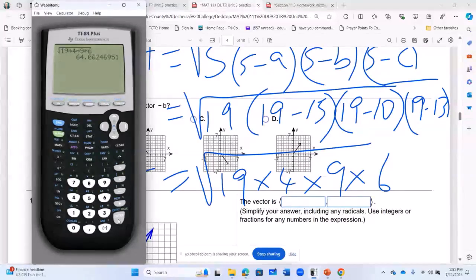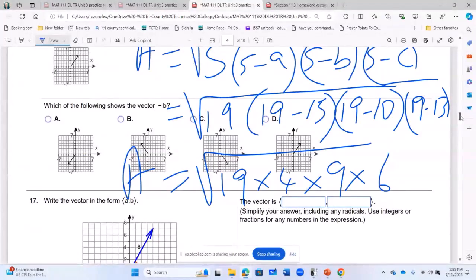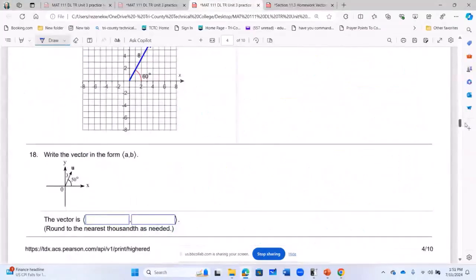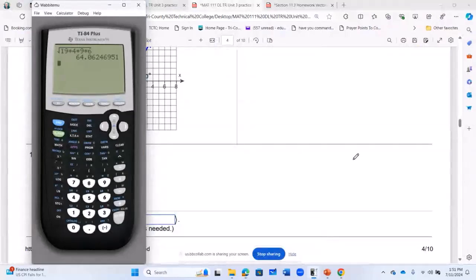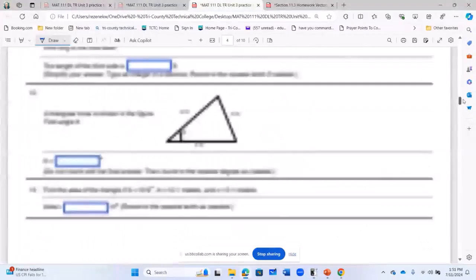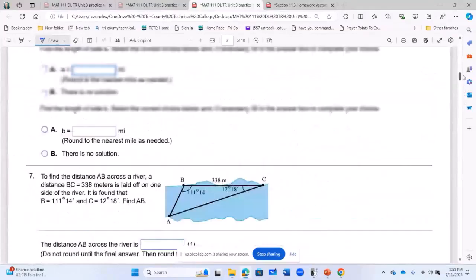So this is the area of the triangle, in square units, by the way. So let's not forget that it is square units. So we go to square meters. So the area is 64 square meters. If you're told to use 1 decimal place, then it's 64.1 square meters. This is just a reminder of your geometry, so you can do this.